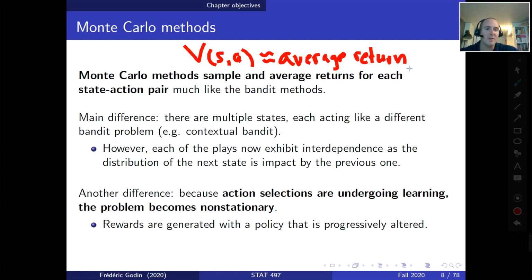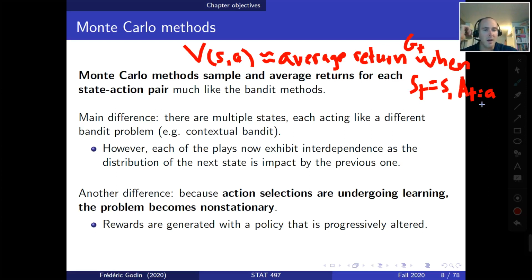And when I say average, it's average across all the paths and all the steps you've simulated when I'll average, let's call it G_t, whenever S_t is equal to S, A_t is equal to A. So this means that you simulate many paths of the Markov decision process.